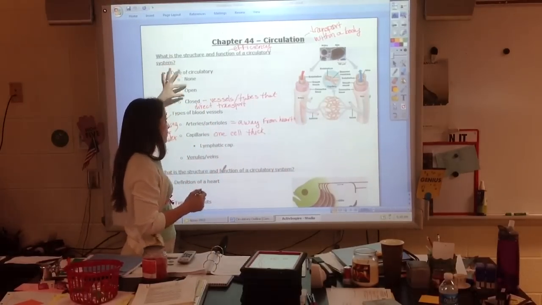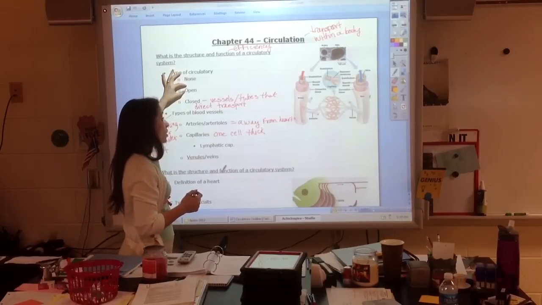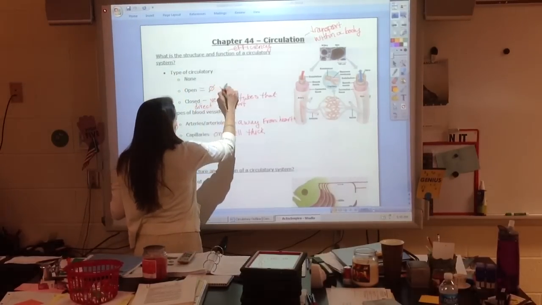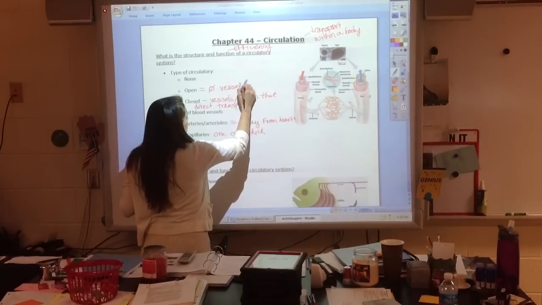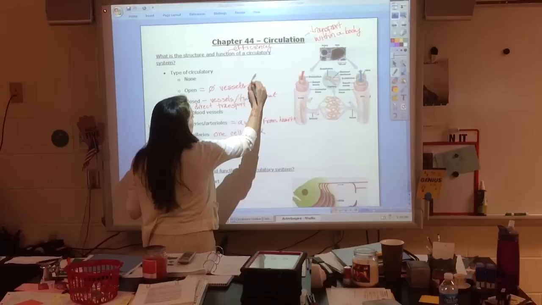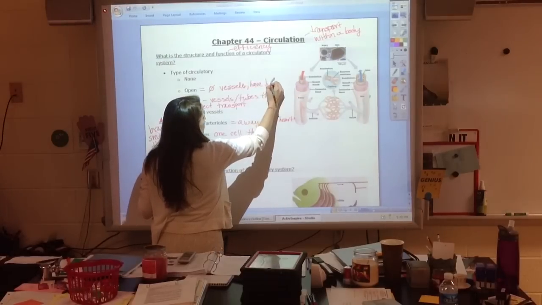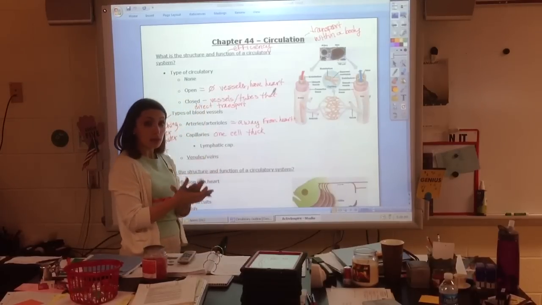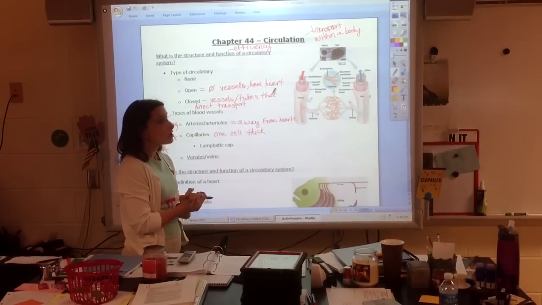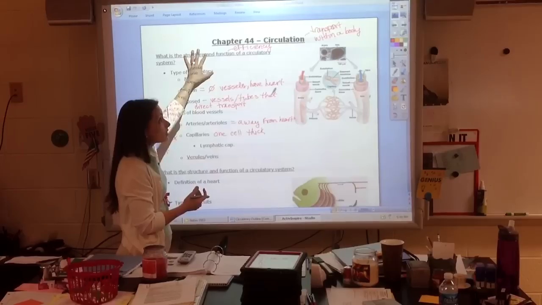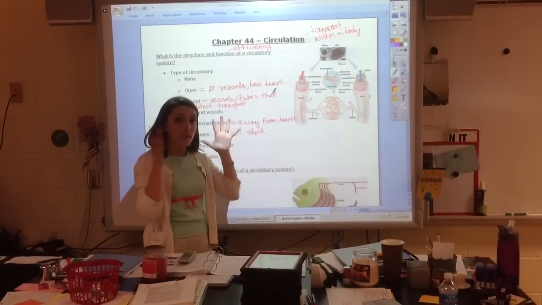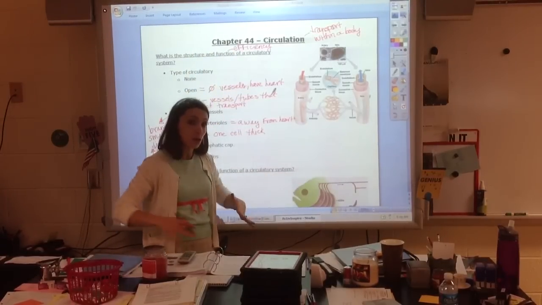If we go back for just a second and we look at what an open circulatory system is, they have no vessels. But they do have a heart. And the heart, keep in mind, is the muscle that provides the force. So circulatory system is really going to look at, do you have a force to move things through your body?